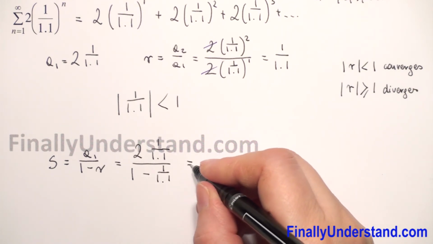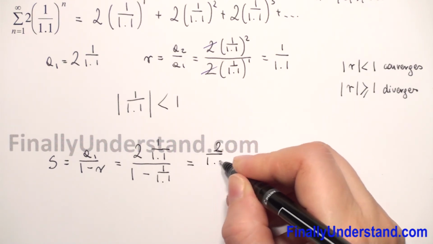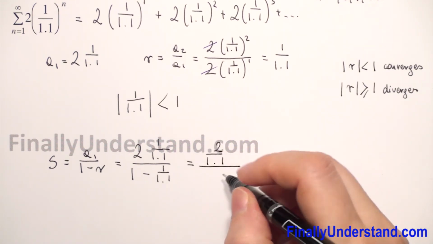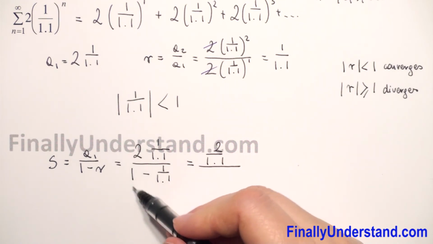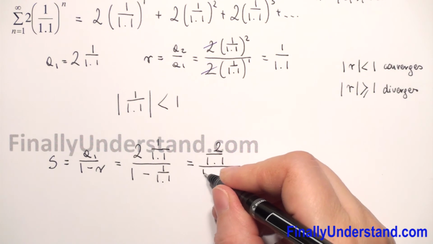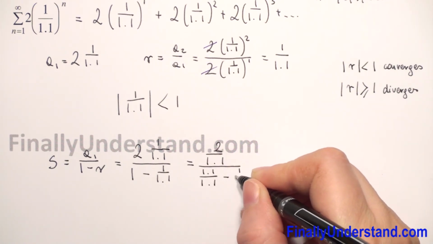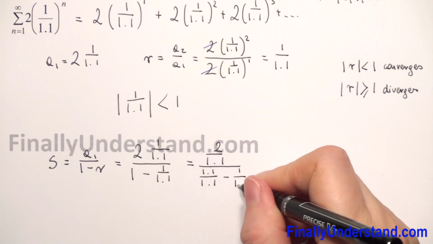So this is equal to 2 over 1.1, and in the denominator we can change 1 to 1.1 over 1.1 minus 1 over 1.1.